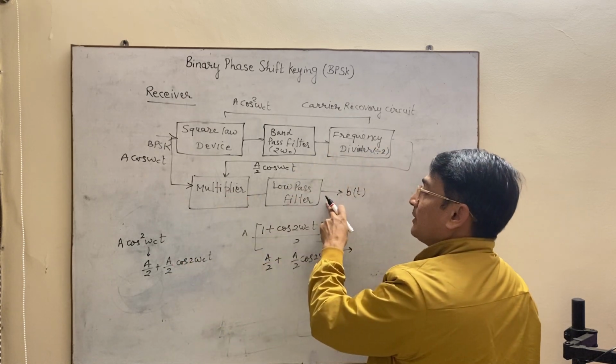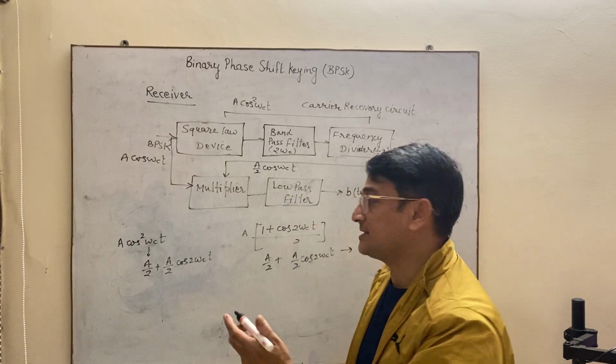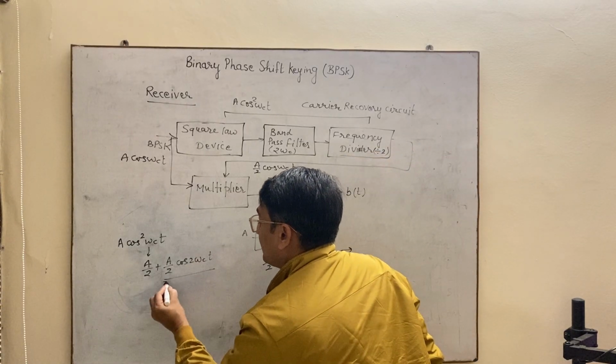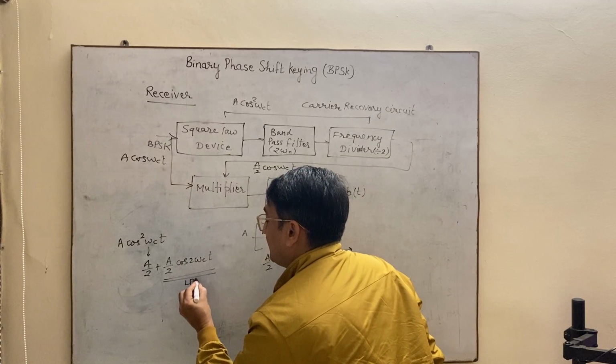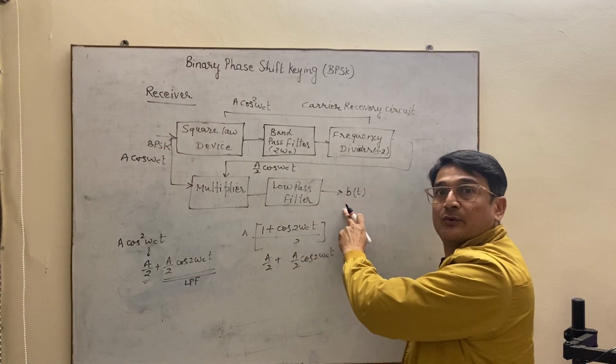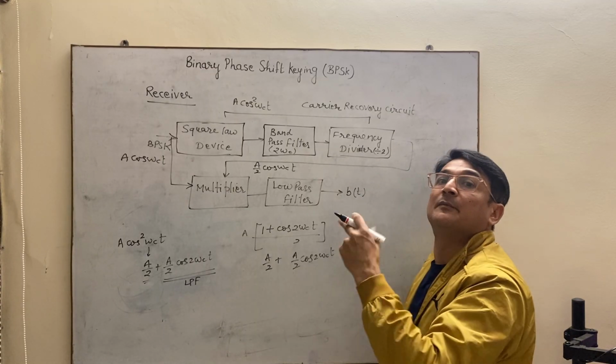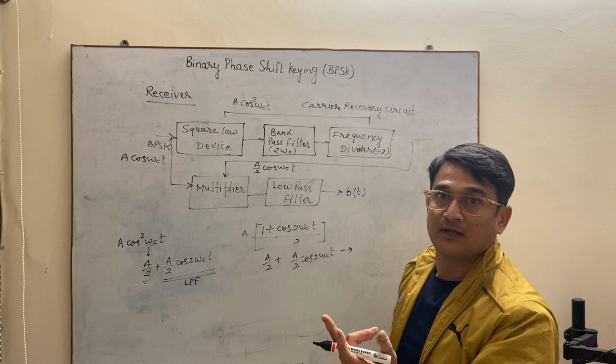When it is passed through a low pass filter, which removes frequencies above omega c, this part will be removed and you will get the output A by 2. So if you receive A by 2, which bit are you receiving? Bit 1 you are receiving.